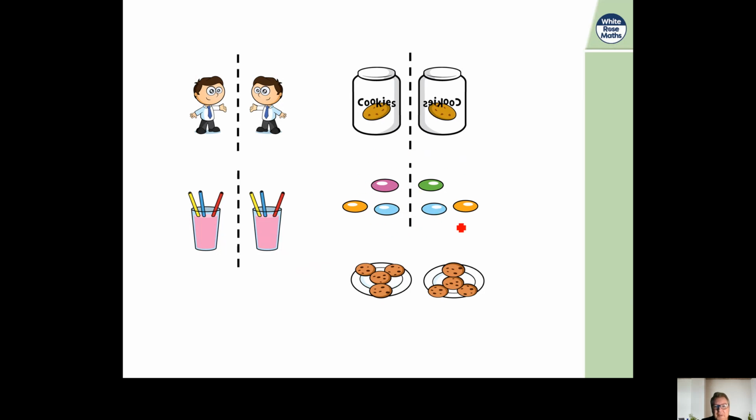Here we go. What have we got here? Looks like Smarties, maybe, and the cookies. Let's have a look. Which images are reflected and which images are not? Now, just to be clear, if you don't remember, this dotted line represents the mirror.